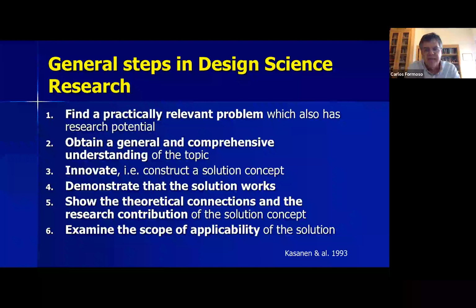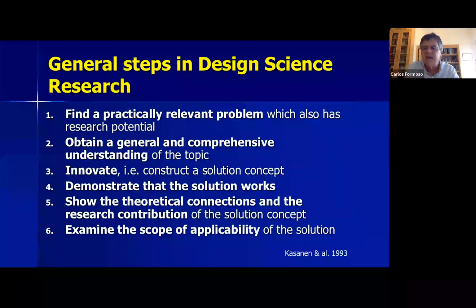And the third step is to develop some kind of solution, right? So I'm going to devise something new in the world. This solution is often called artifact or solution concept. What does it mean, solution concept?